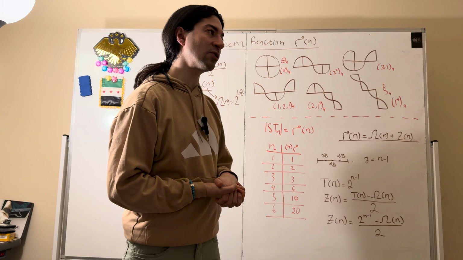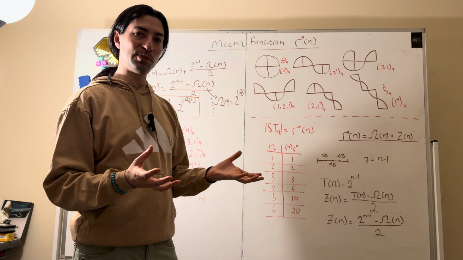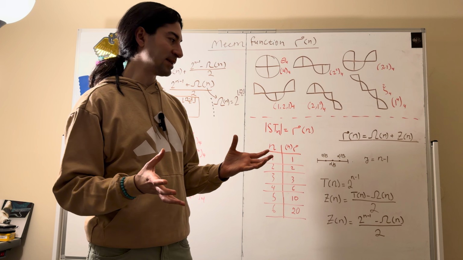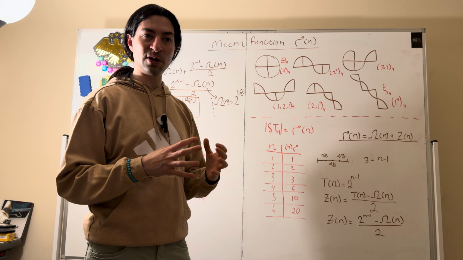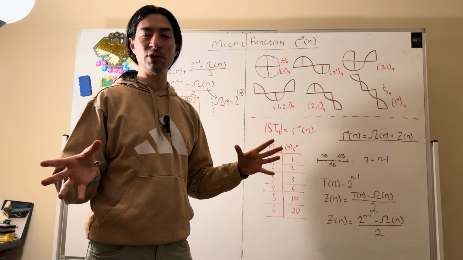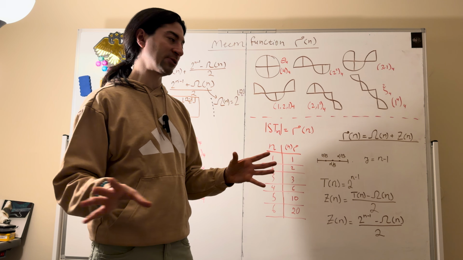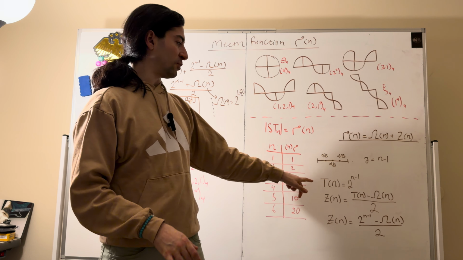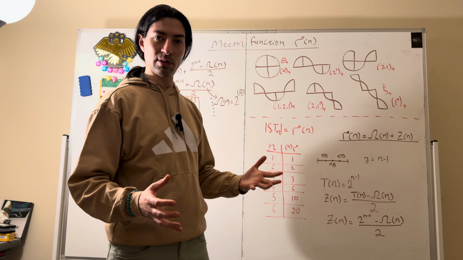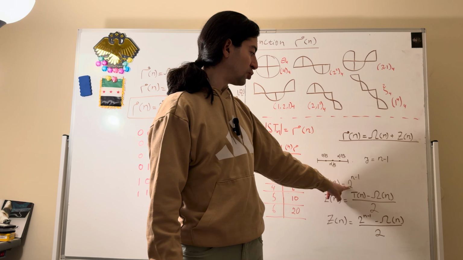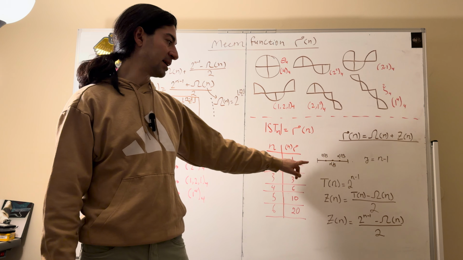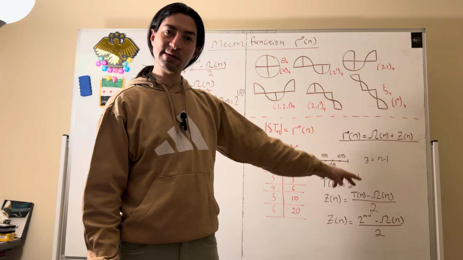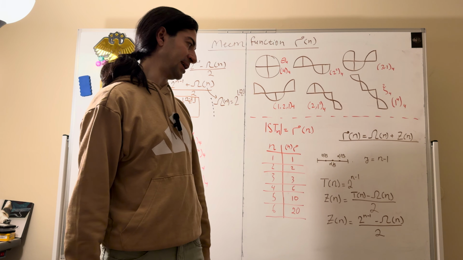Now, if we want to figure out the total possible sequences that we can get from this, in this case, where we count reverse structures as unique sectoral structures, then T of n, or the total of n, is equal to 2 to the power of n minus 1, because we have n minus 1 joints and 2 possibilities for each joint.